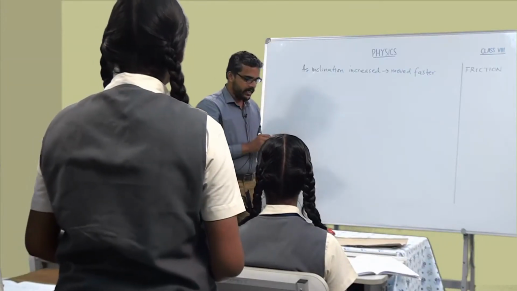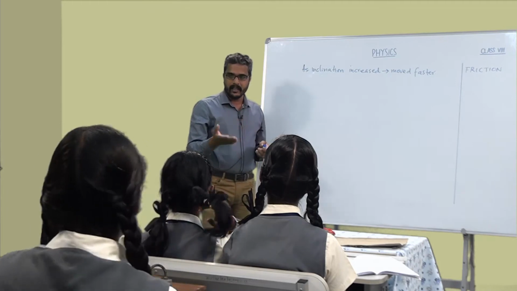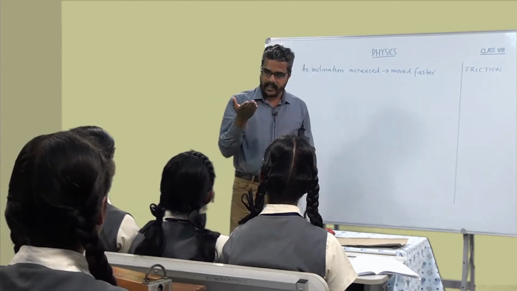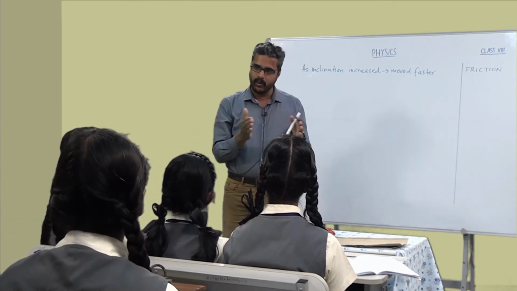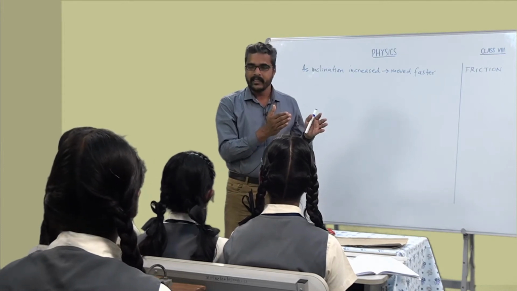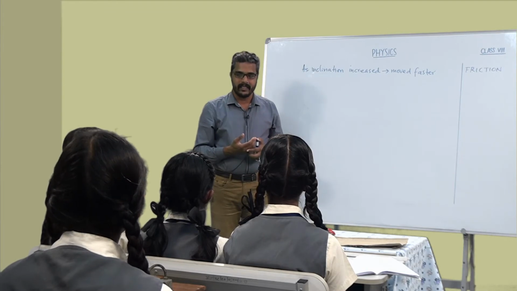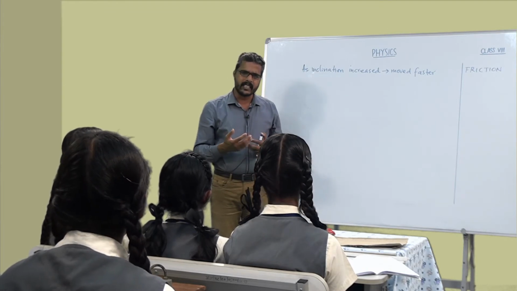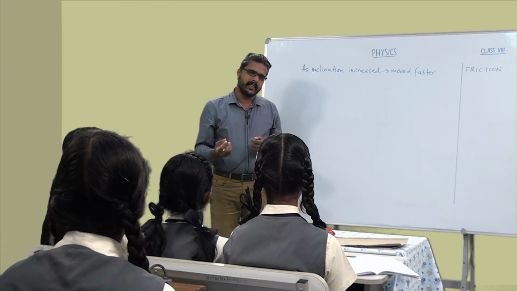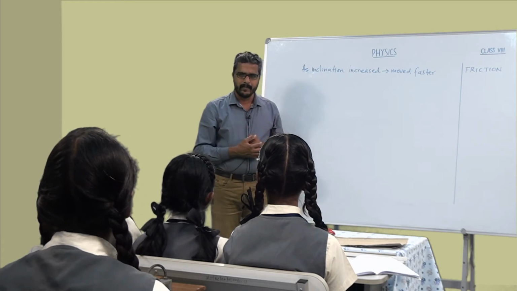Yes, sir. Means you could see that when the surface is inclined more, the object can move faster. Right? That means what? So what can you infer from that? Inclination of the plane, will it influence on friction? Yes, sir.